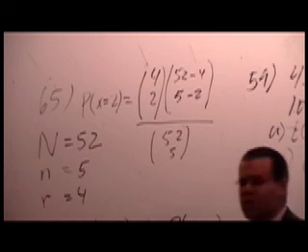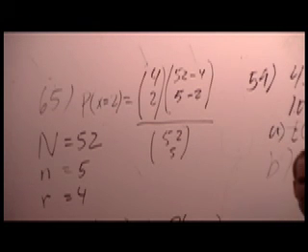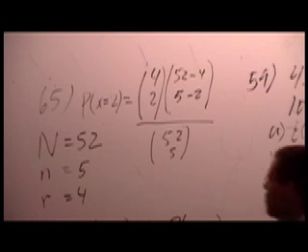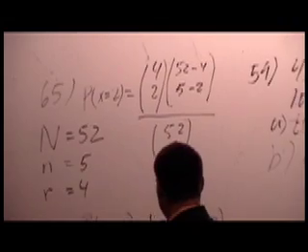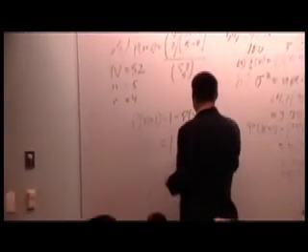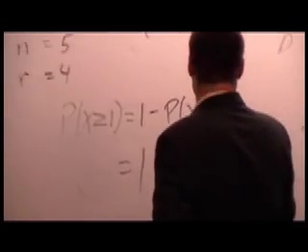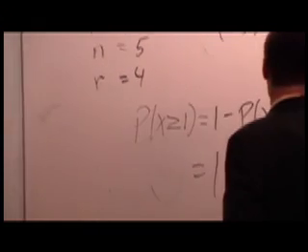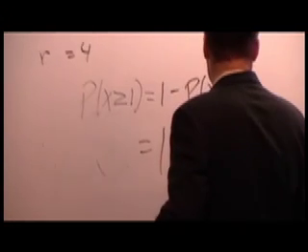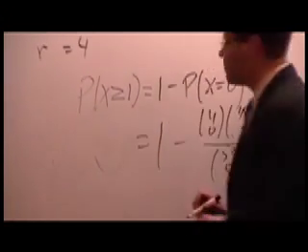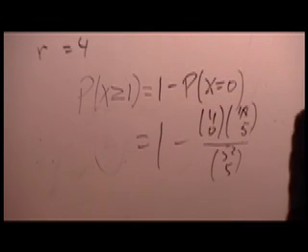So this is at least the fourth time we've seen this trick: calculate complements, because it's easier to calculate what you're not interested in than what you are interested in. If we apply this, we just get 1 minus 4 choose 0 times 48 choose 5, over 52 choose 5. Questions on that?